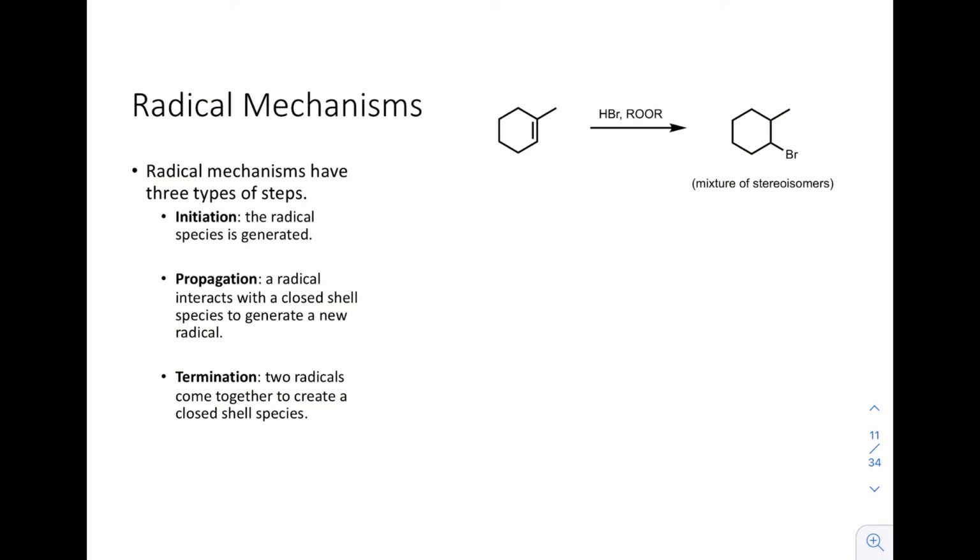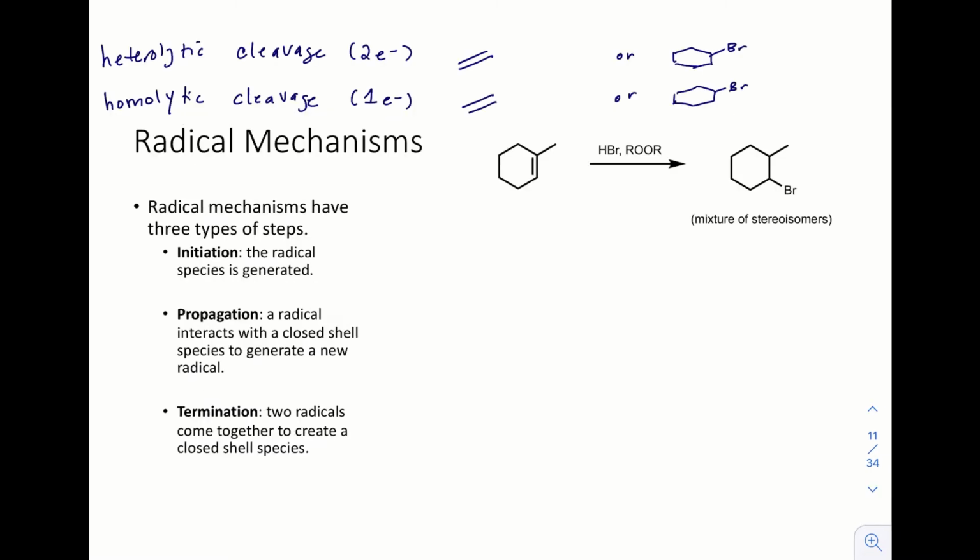Radical mechanisms have three types of steps: initiation, propagation, and termination. And I've described each of those steps below. Each type of step will involve homolytic bond cleavage or homolytic bond formation. Heterolytic electron movement involves two electrons moving in the same direction. At the beginning of the lesson, I showed you two pi electrons moving together.